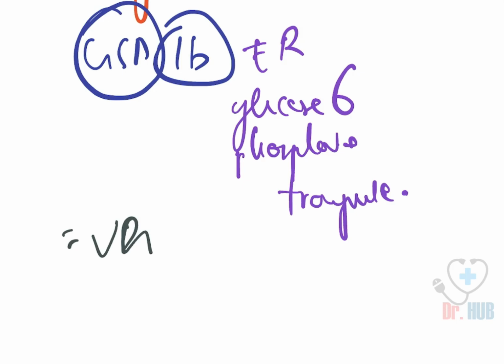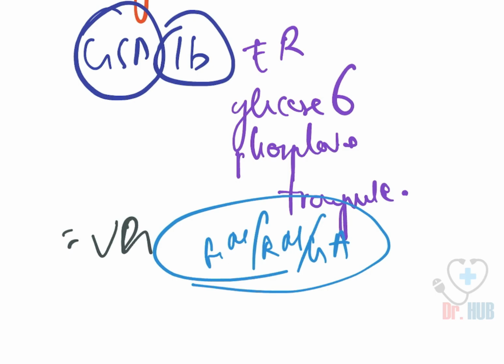That is, there can be hepatomegaly and renomegaly. There is glycogen accumulation, and due to the glycogen accumulation there is hepatomegaly and renomegaly.